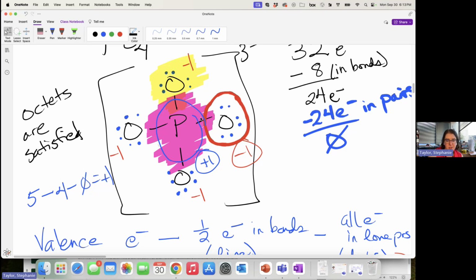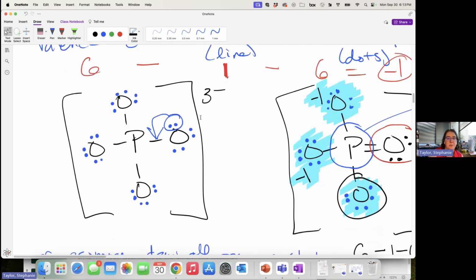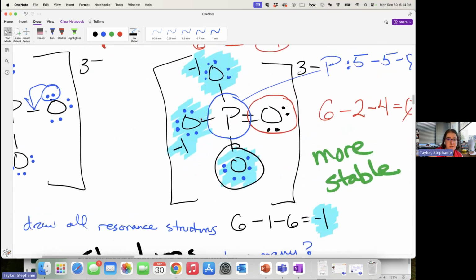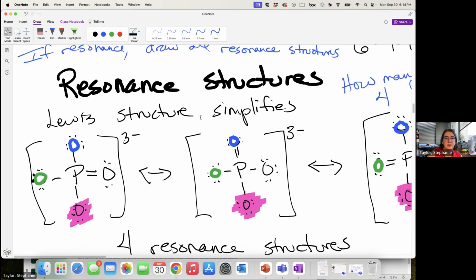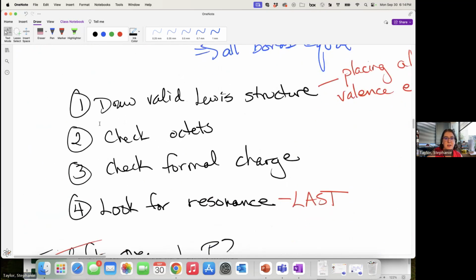So what you would actually do next is you would go ahead and optimize for formal charge first, and then tell me this is my structure, and then start drawing resonance structures if applicable. So just keep in mind, I wrote it down: draw the valid Lewis structures, check the octets, check formal charge.